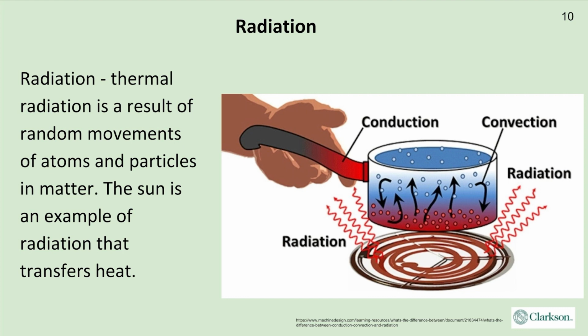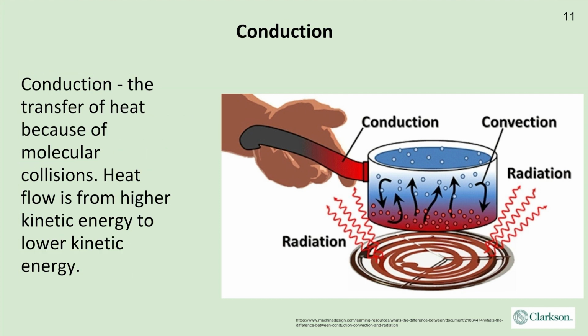So thermal energy or thermal radiation just means particles are randomly moving, and the faster they move, the greater the thermal energy or heat. So the sun is an example of radiation.